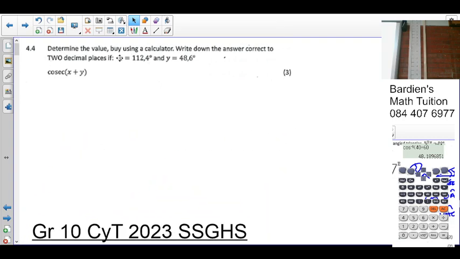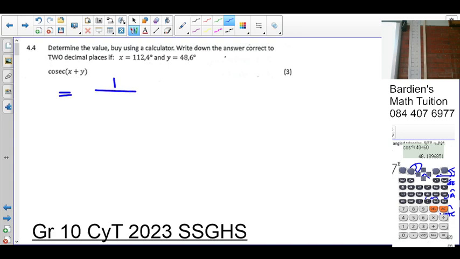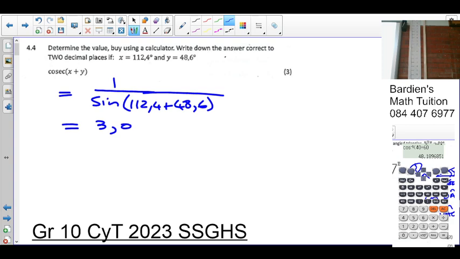Determine the value by using a calculator. Write down the answer to 2 decimal places. Here you've got cosec. So cosec is 1 over sine, not so. Of 112,4 plus 48,6. That gives you an answer of 3,07.